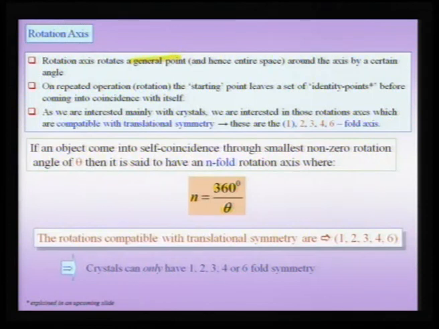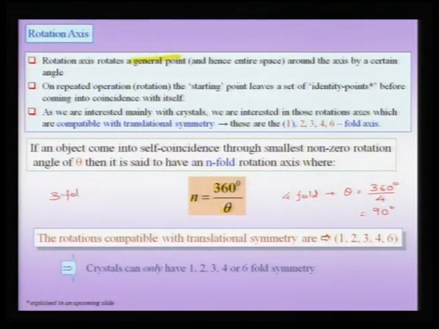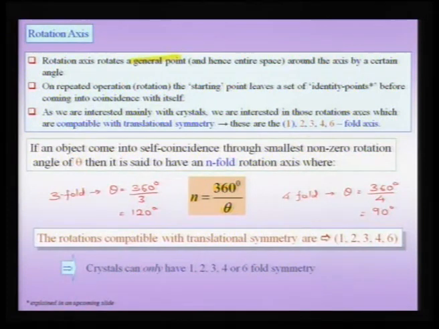Therefore, if you have a fourfold axis, then the rotation angle theta would be 90 degrees. On the other hand, suppose I am talking about a threefold axis, then it would be 120 degrees. Therefore, there is a characteristic rotation associated with every n-fold axis.